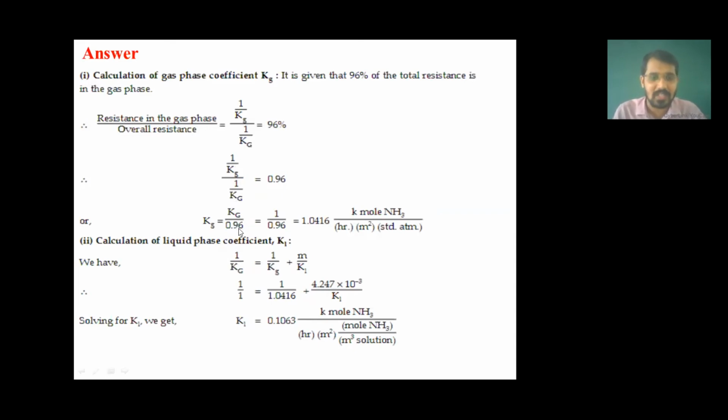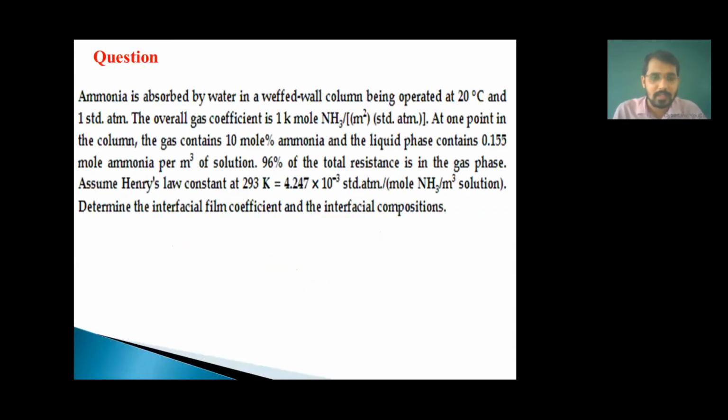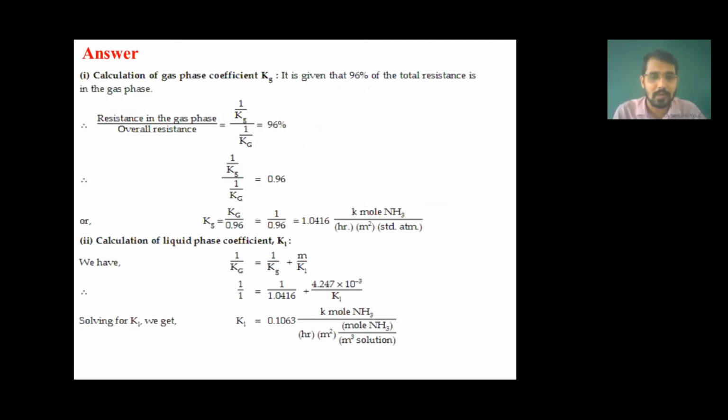Capital Kg, the overall mass transfer coefficient, is equal to 1, as given in the question: the overall gas coefficient is 1 kilomole NH3 per meter square standard ATM. Putting this value, 1 divided by 0.96, you get small kg equal to 1.0416 kilomole NH3 per hour meter square standard ATM.